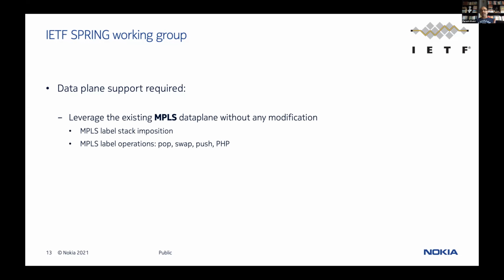Now, segment routing has been designed to support two data planes. First one is the MPLS data plane. A very key requirement for segment routing was that it support the MPLS data plane without any modification. And this is really significant.